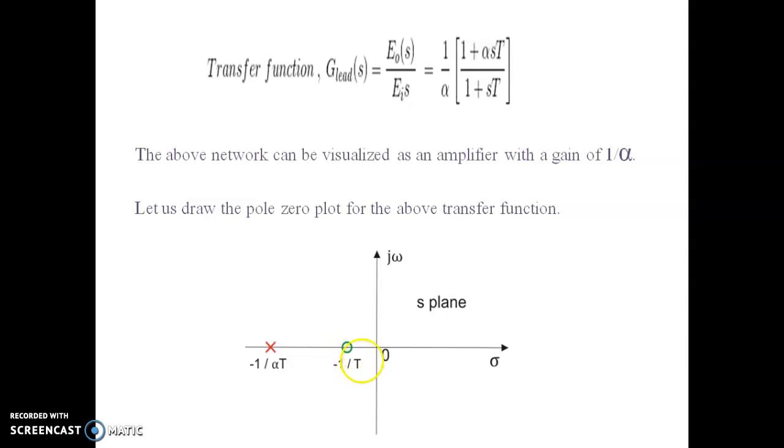So you can see here minus 1 by T is nearer to the origin as compared with this pole, minus 1 by alpha T, right? So thus we can say that the lead compensating zero is more dominating than the pole, and because of this we introduce positive phase angle to the system when connected in series.